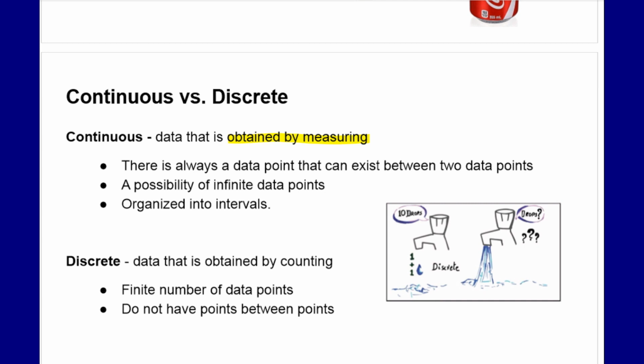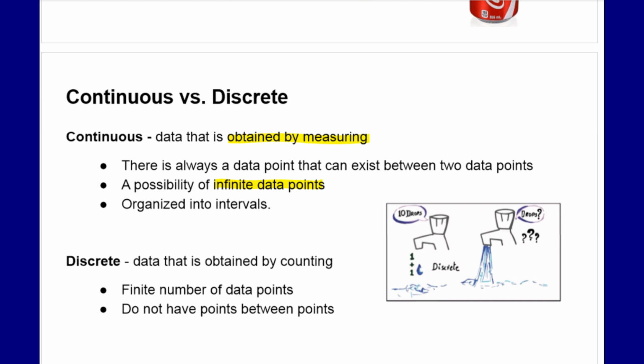If I look at between 1 and 2, there's 1.5. Between 1.5 and 1, 1.2. Between 1 and 1.2, 1.1, 1.05, 1.005, things like that. There's always another data point that will exist between two other points. It will be increasingly smaller, but there will always be a point in between. So there is the possibility that there is an infinite number of data points.